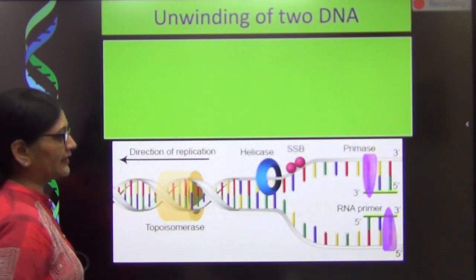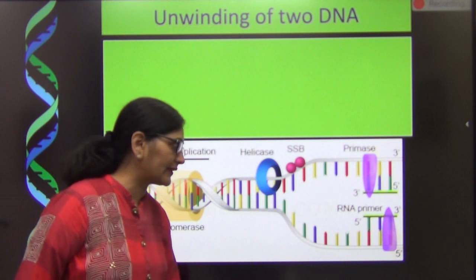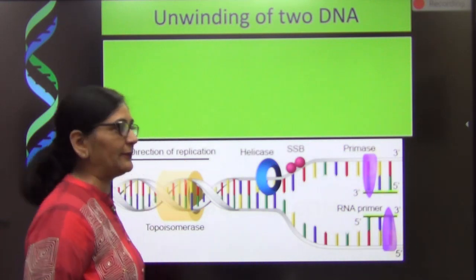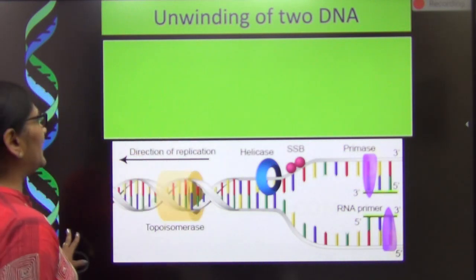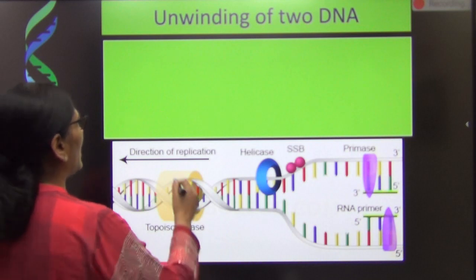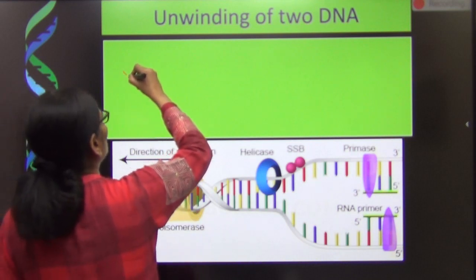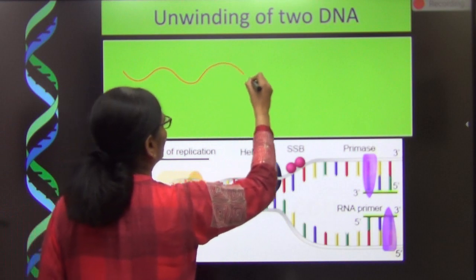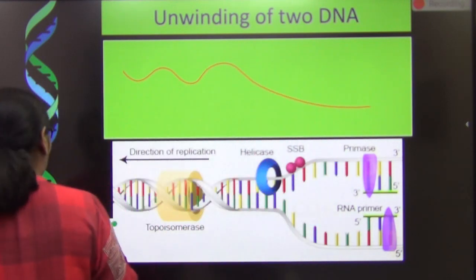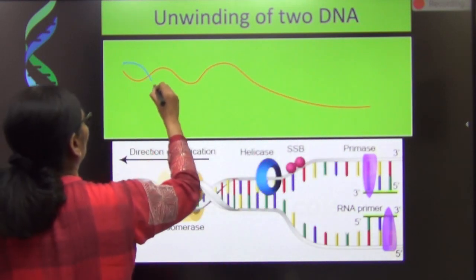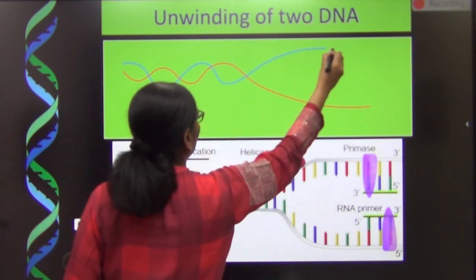So now that my DNA is unwound, it is ready to be replicated, what do I need to do? So let me do one thing, let me draw the DNA over here and then let us decide how it should go. So I have two strands of DNA, let me make one of the strands with red color. And let me make the other strand with another color, say a blue color, right?